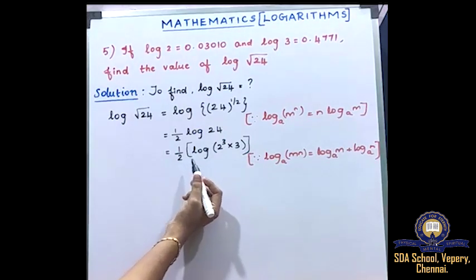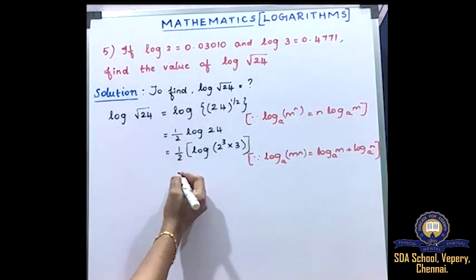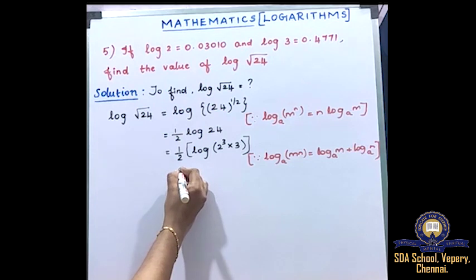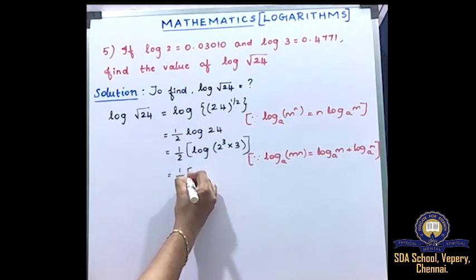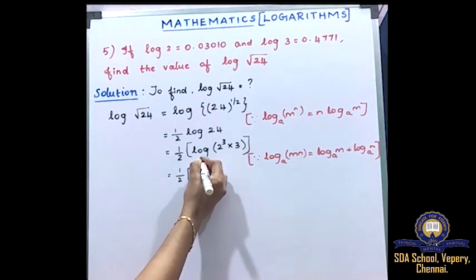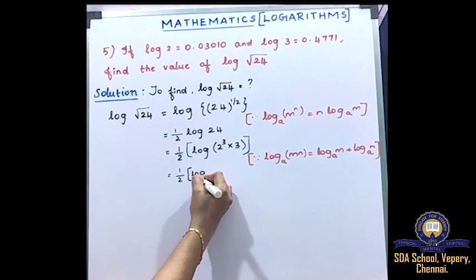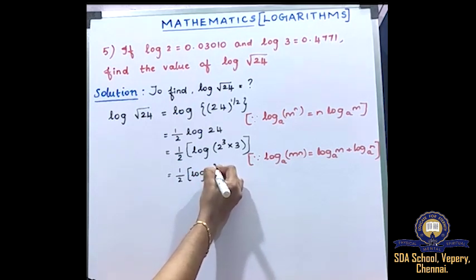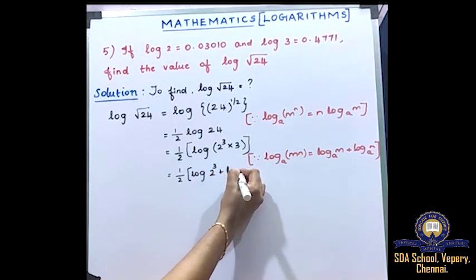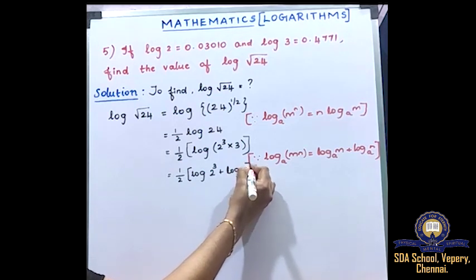So now when you apply this law here, what will you get? 1 by 2 into log m plus log n. Log m value is 2 power 3. Log m plus log n.